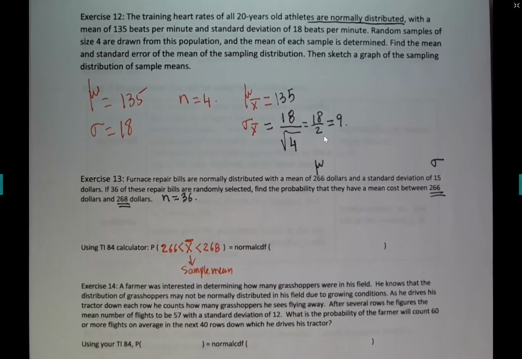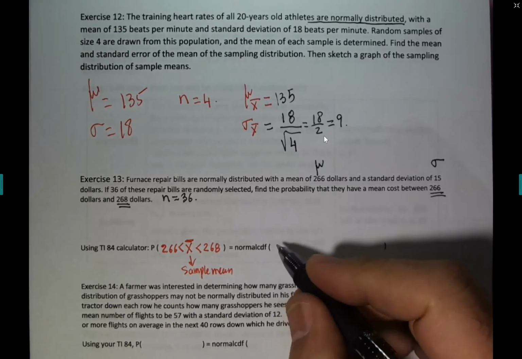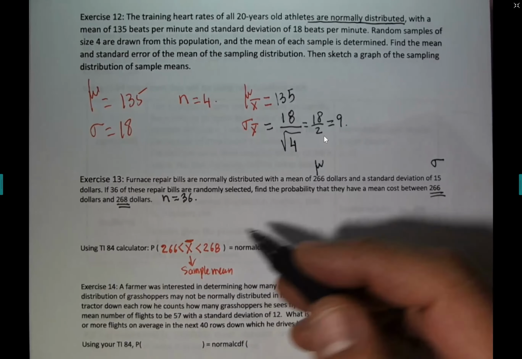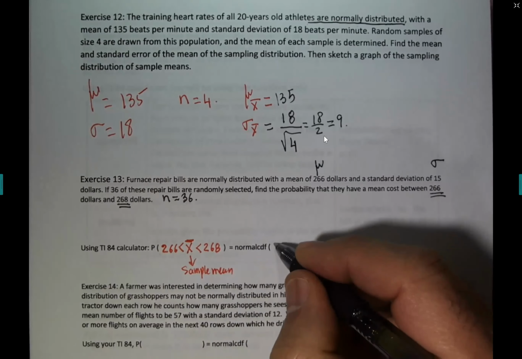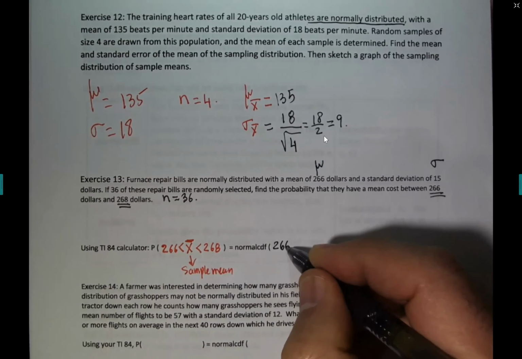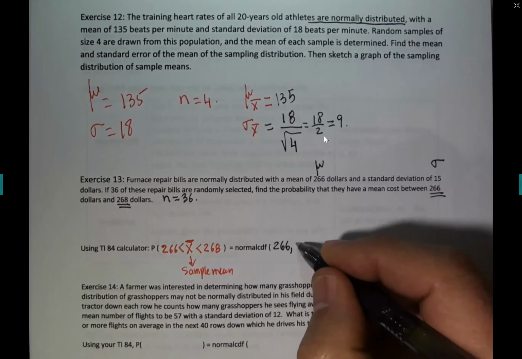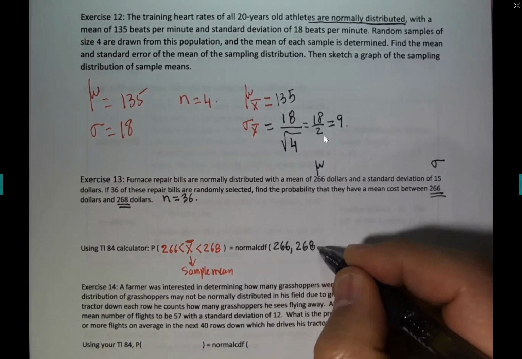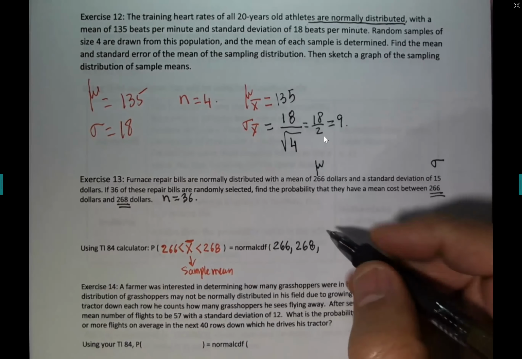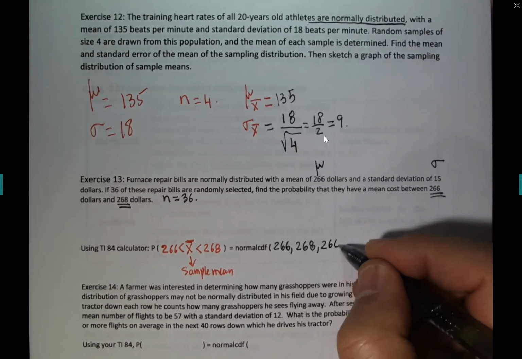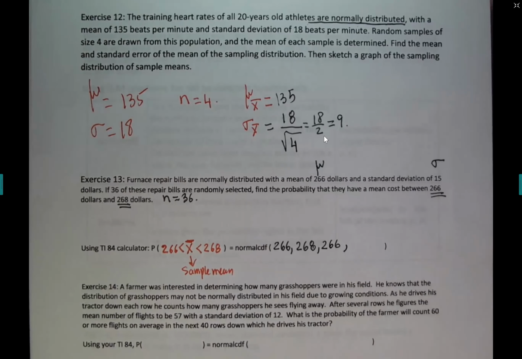And now you want to know what difference it's going to make. Watch. Okay, how did I teach you the normal CDF? I said you put the lower bound, which is 266, the upper bound, which is 268, the mean, which is 266, and who can tell me what's going to go in there now?